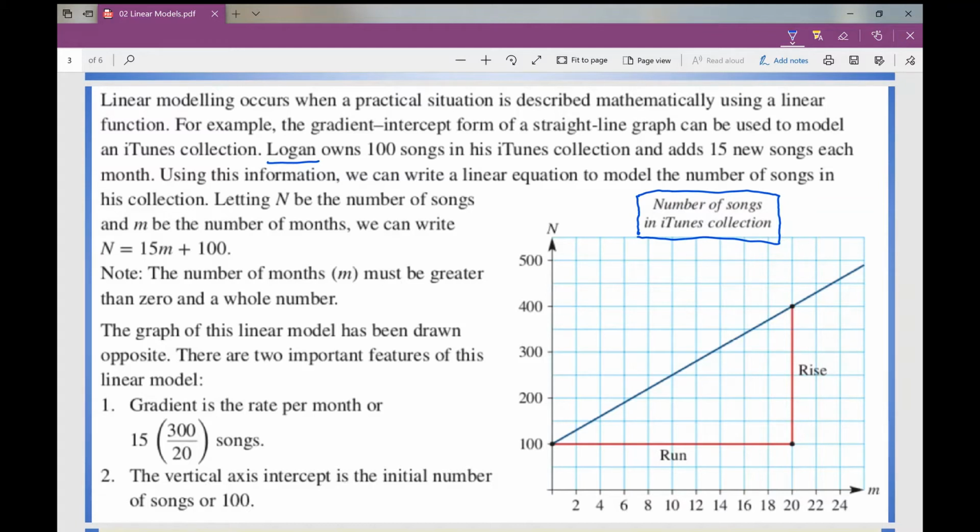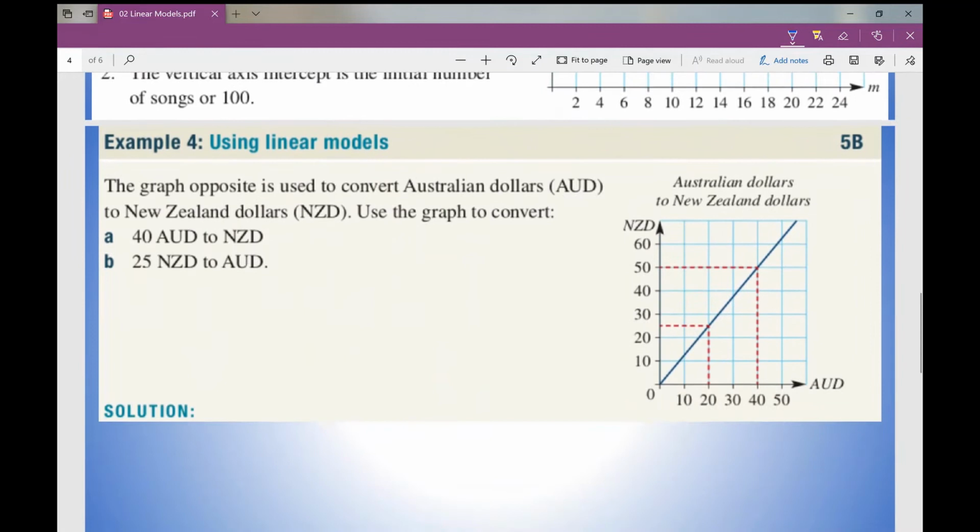He starts off with 100, and then he adds 15 new songs every month. So what's happening here in this graph is that this line is increasing at a rate of 15 per month. I think this will make more sense when we go through an example, which I have right here.